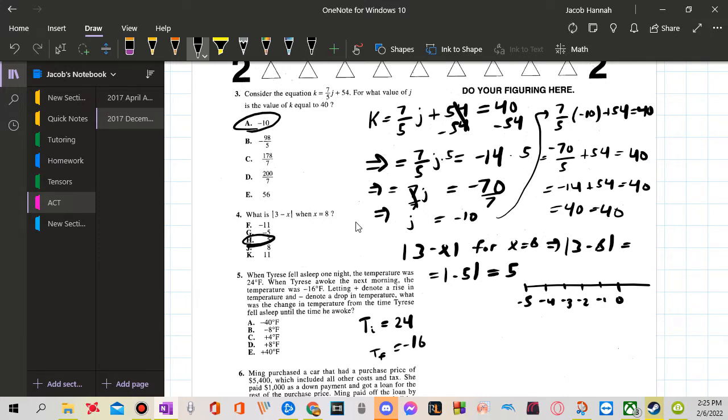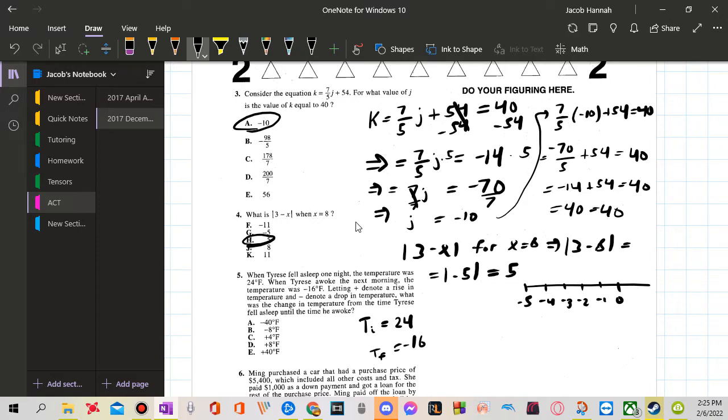When you think in terms of changes in something, you think of the final something minus the initial something. In this case, this is the final temperature when he woke up, and this is the initial temperature when he started.